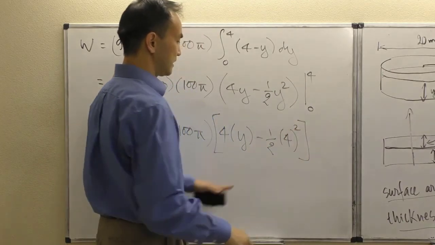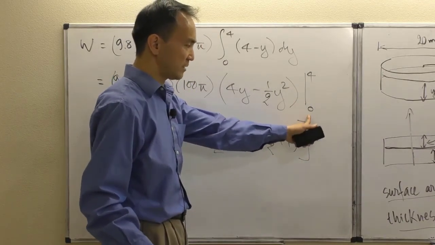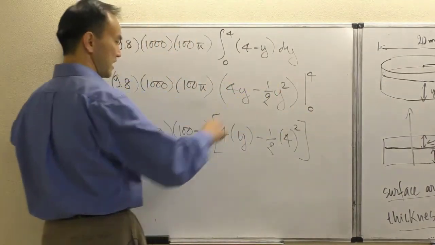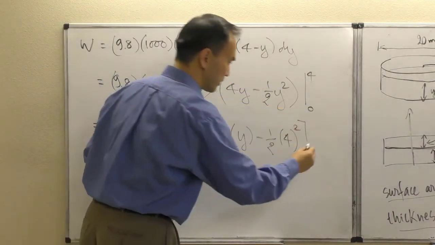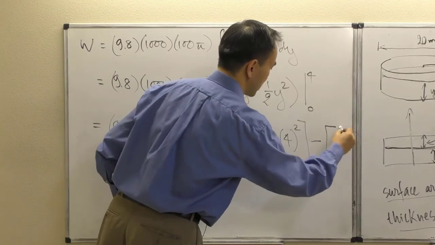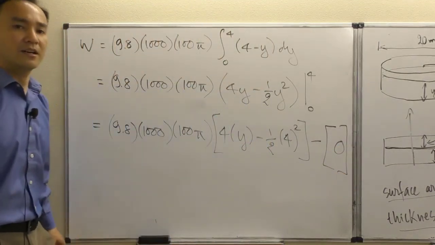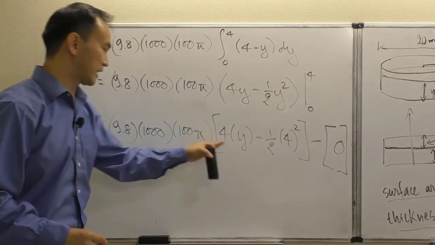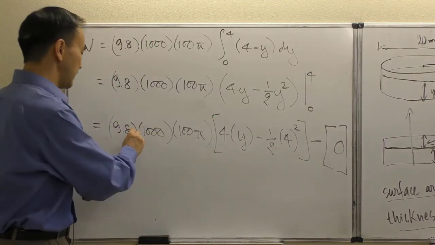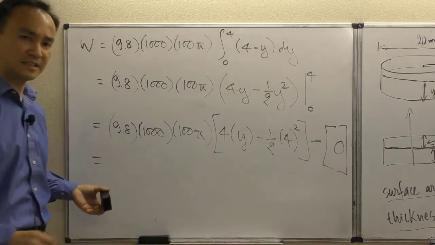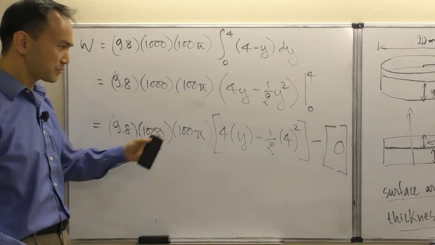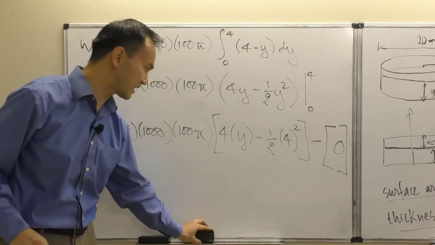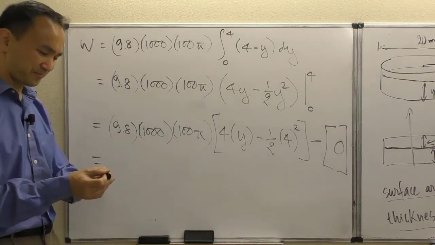Then, as we substitute y equals 0 into the entire antiderivative, we're going to get a 0 out, so I'm going to subtract that 0 out. In the end, it's simply all that multiplied with the lengthy coefficient. I am now going to swing over to my computer station and get that computed.